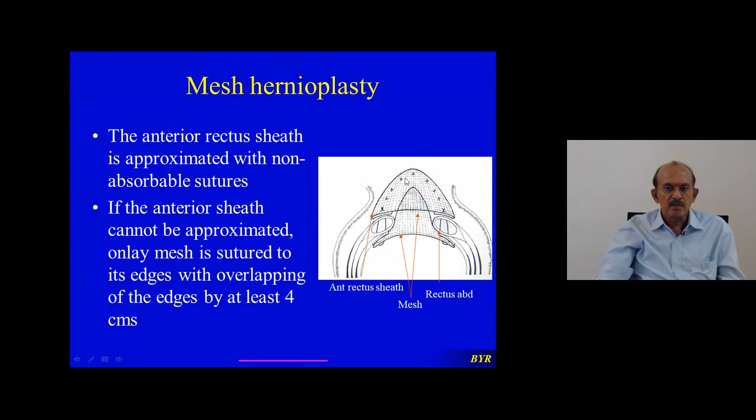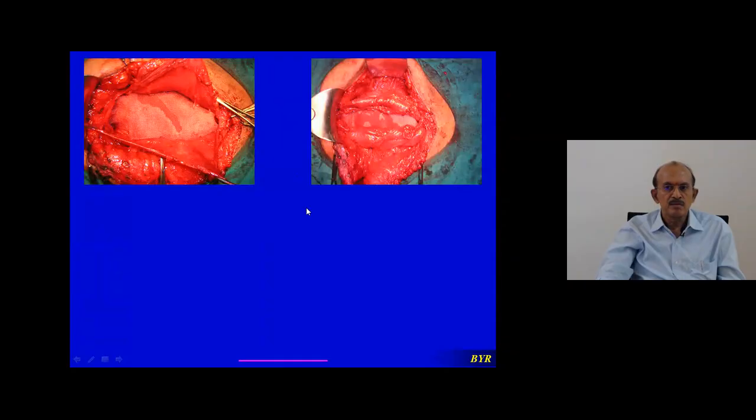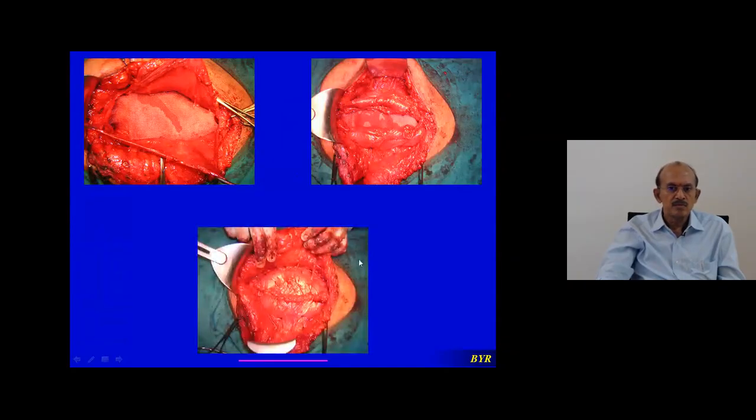If there is a big gap in the anterior rectus sheath and you cannot suture it, then place another mesh here and suture it to the anterior rectus sheath. You can see here, a big mesh is placed behind the rectus abdominis muscle. The anterior rectus sheath is sutured.